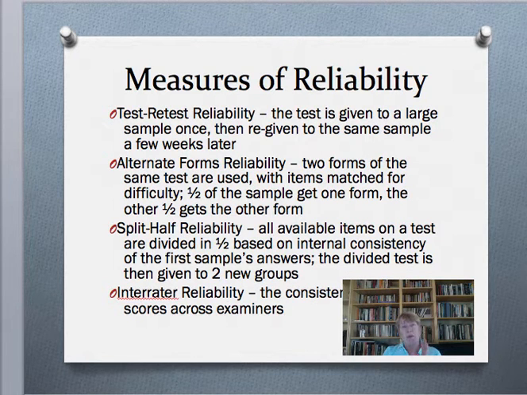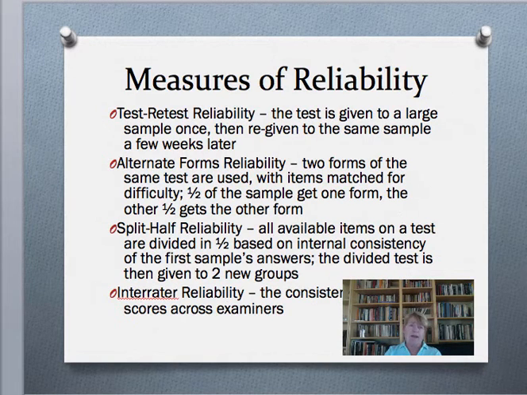So on my y-axis, my vertical axis, I'm going to get the scores from the sample who got the first half, or Form A of the test. And then my horizontal axis is going to represent the group that got Form B. And I expect that their scores will go together. Maybe not as much as if it's the same group on test-retest, but if they're the same kind of tests and my groups are similar, they've been well matched, then I should get fairly similar scores.